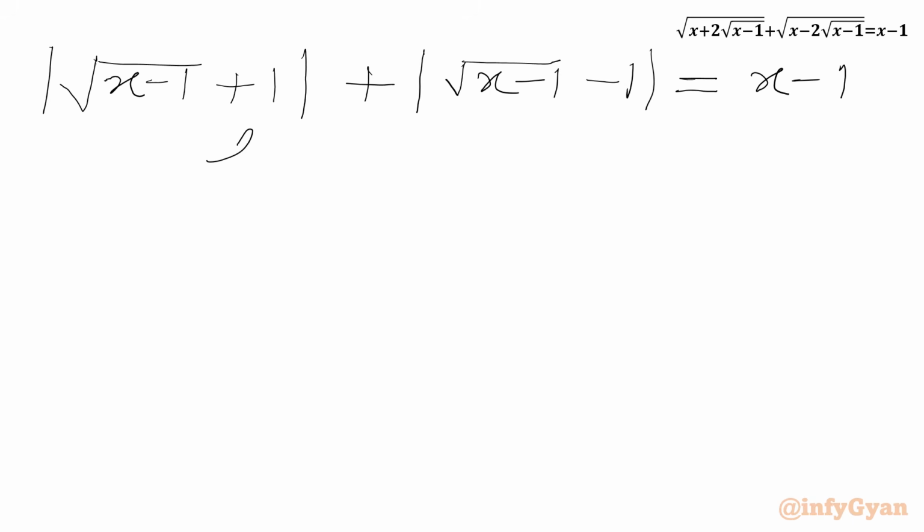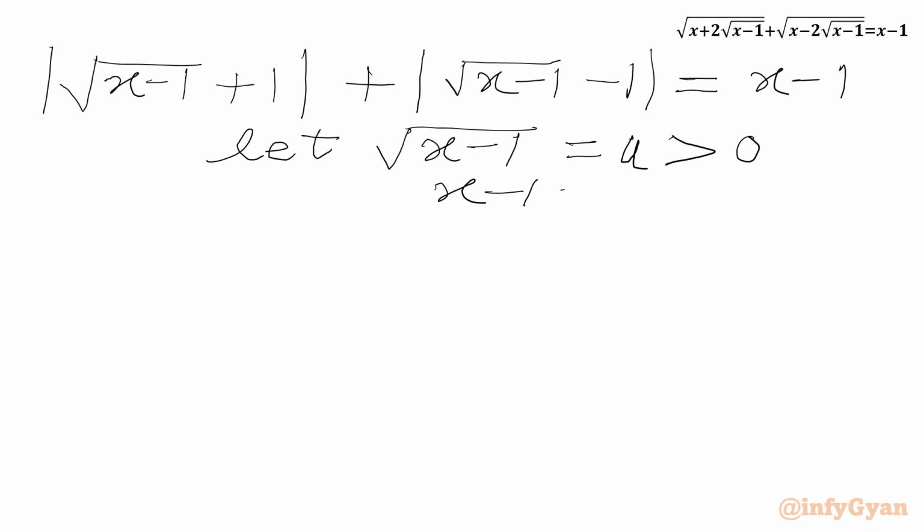Now we will use substitution. Let us say square root of x minus 1 equal to u. For x to be real, u must be positive. Now we will square both sides and we will write x minus 1 equal to u square.